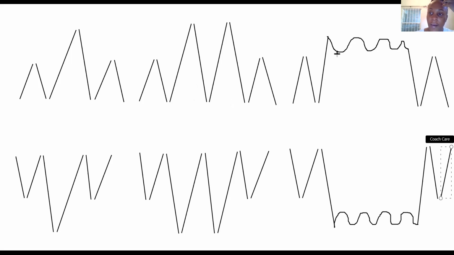And then you have this one here, which I've been seeing a lot lately, where you have a very long consolidation period before the head is completed, and then the right shoulder to finish as well. So three types of head and shoulder patterns that you would usually tend to see on the chart are these.